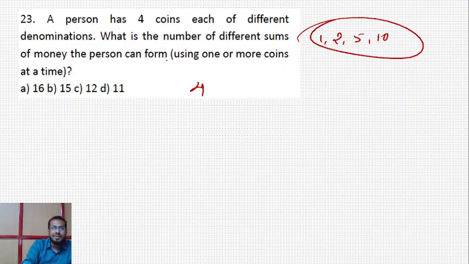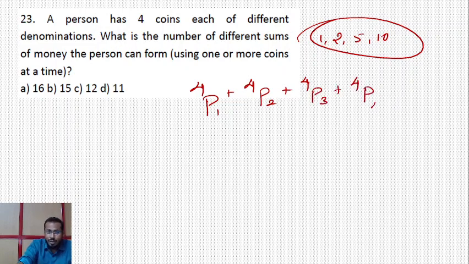Okay. So now what is the number of different sums of money the person can form using one or more coins at a time? Out of 4, he can pick 1 coin, or 2 coins, or 3 coins, or all the 4 coins.